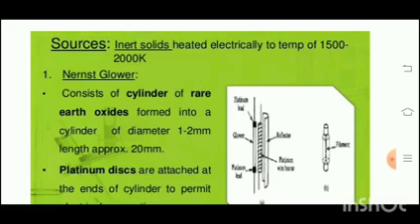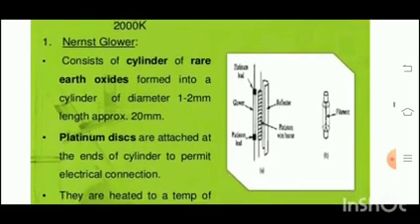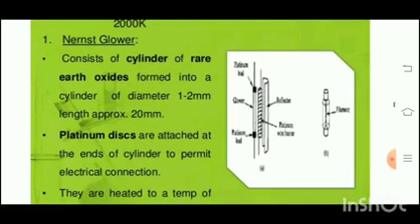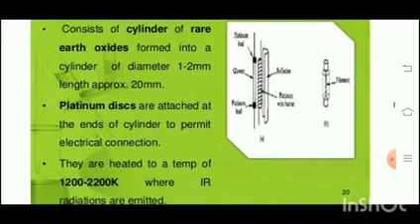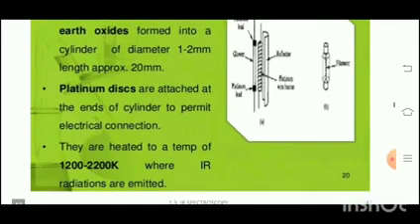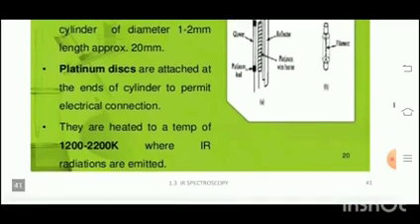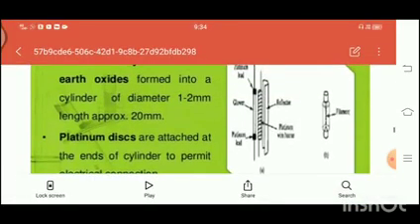It consists of a cylinder of rare earth oxides, with a diameter of 1 to 2 millimeter and a length of approximately 20 millimeter, and platinum discs are attached at the ends of the cylinder to permit electrical connection. When heated to a temperature in the range of 1200 to 2200 Kelvin, IR radiation is emitted from this source.